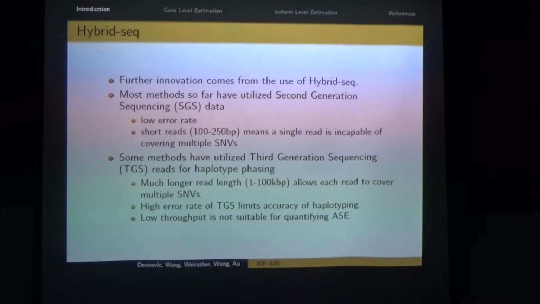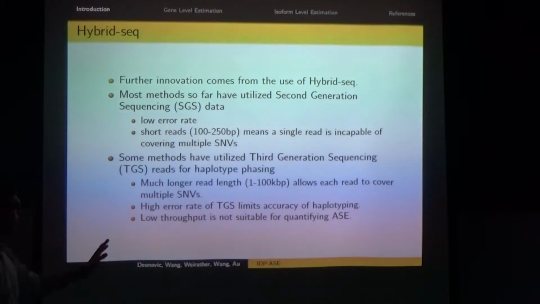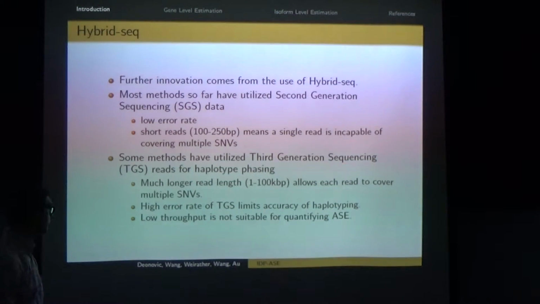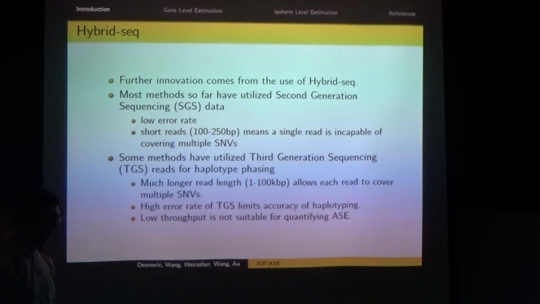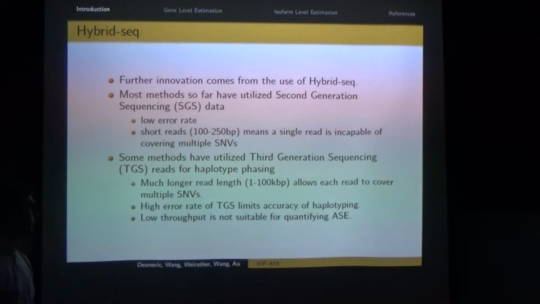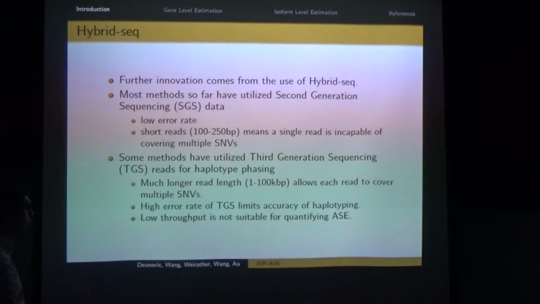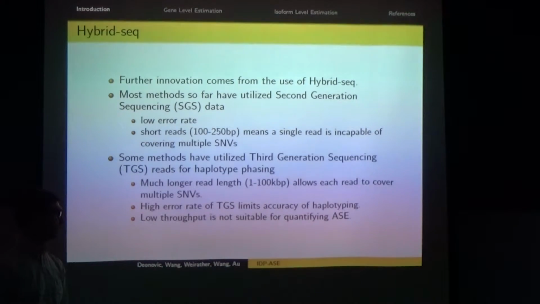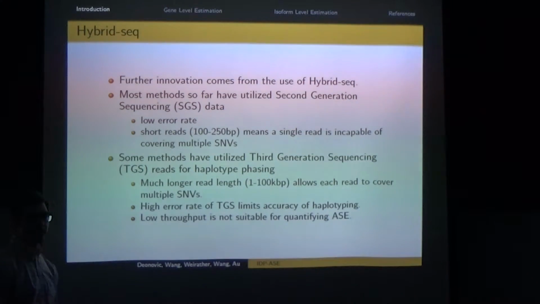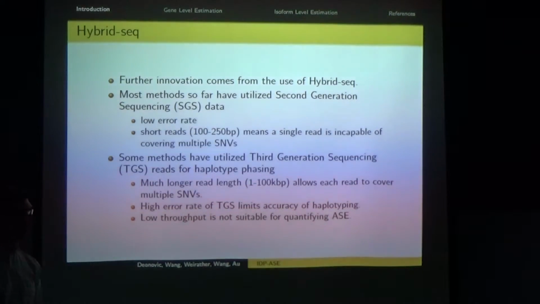Now, there are methods that utilize what's known as third generation sequencing data, or TGS data. Sometimes we'll refer to this as long reads, which are of much longer read length, about 1 to 100 kilobase pairs, and these are able to cover multiple SNPs.